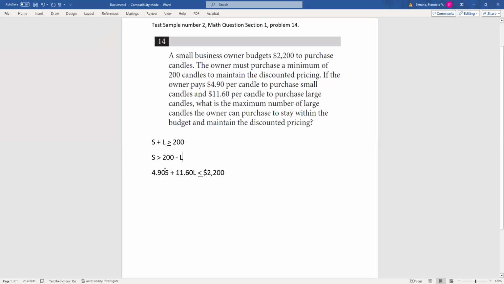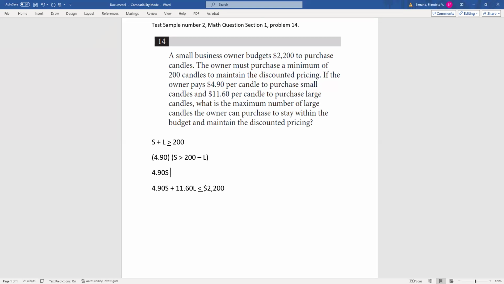What else am I going to do? I said we need to kind of copy this section. So I need to multiply S times 4.90 so that I get 4.90 S. So I'm going to write 4.90 and multiply it times the modified inequality S is greater than or equal to 200 minus L. So I get 4.90 S, which is what I want. I'm not done with the L's yet, but I'm getting there.